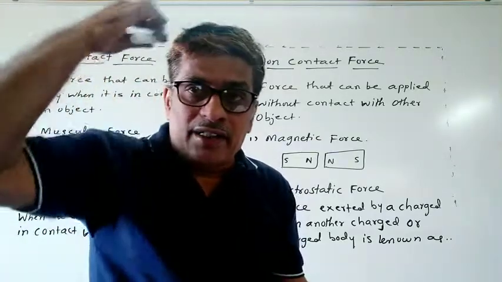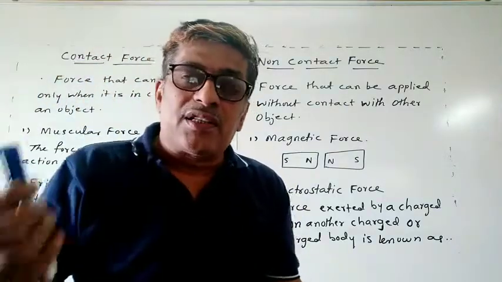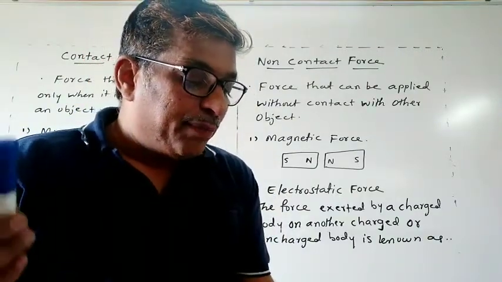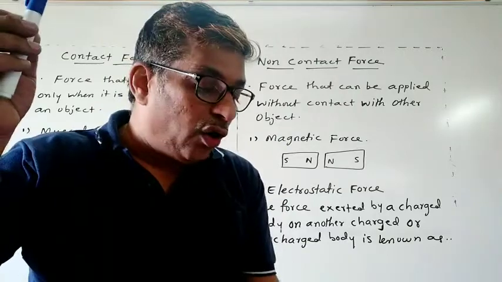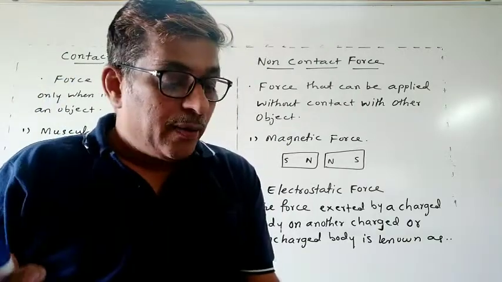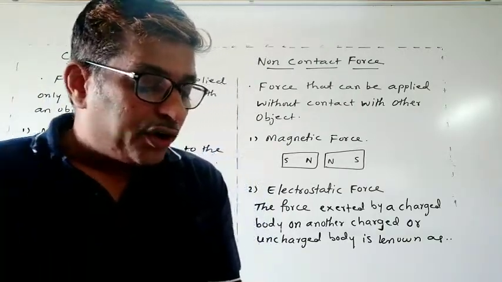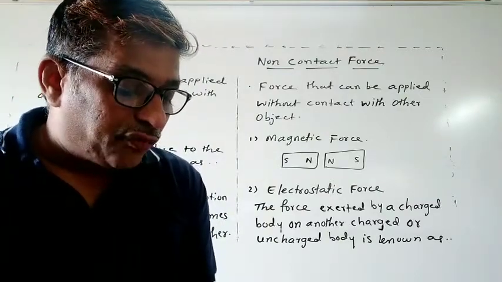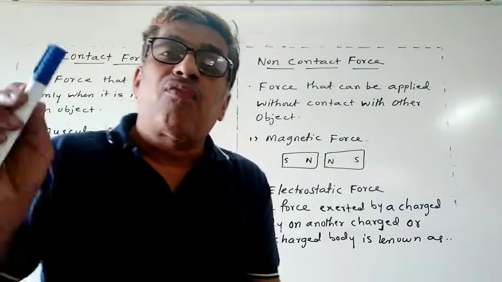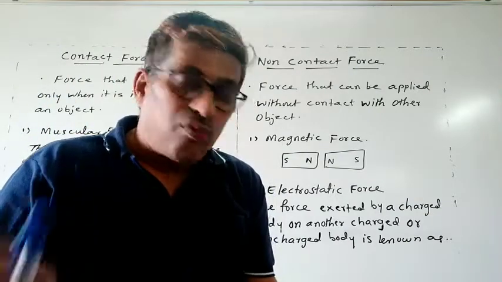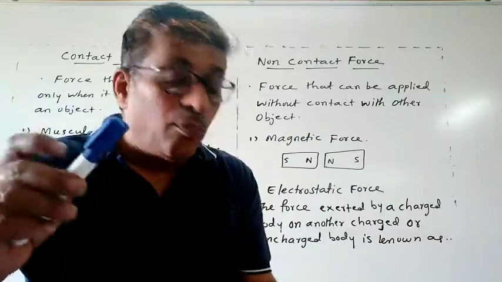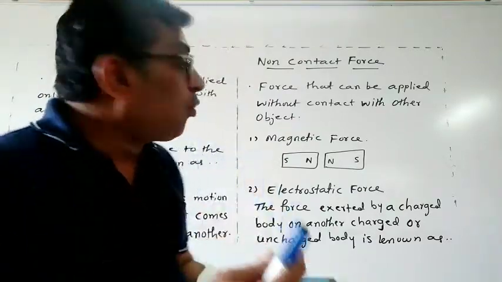Such a straw is a charged body. The force exerted by the charged body on another charged or uncharged body is known as electrostatic force. This force comes into play even when the bodies are not in contact.